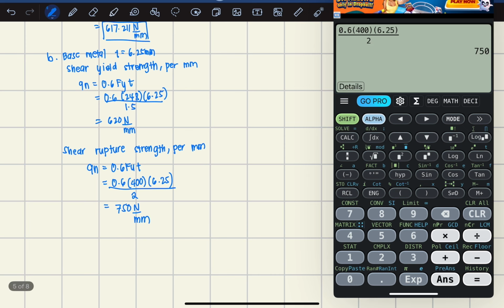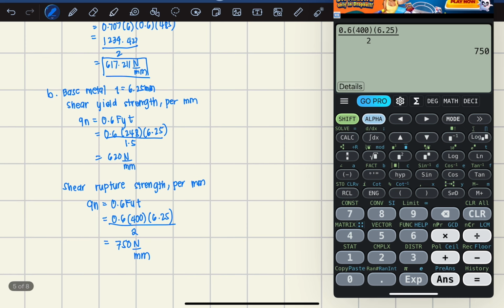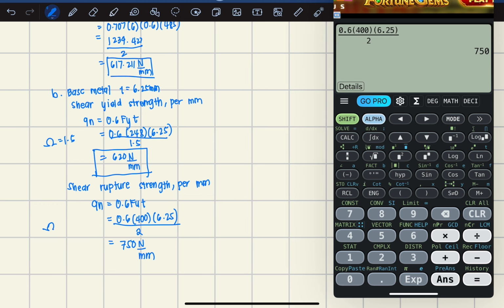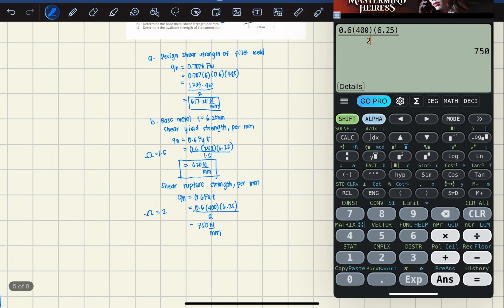So, sa pagpili, dito sa dalawang values, yung pipiliin nyo is yung smaller one. So, ito yung sagot natin. So, ilagay ko lang 1.5 dito. Yung delta niya sa design philosophy ng ASD is 2 para sa shear rupture.